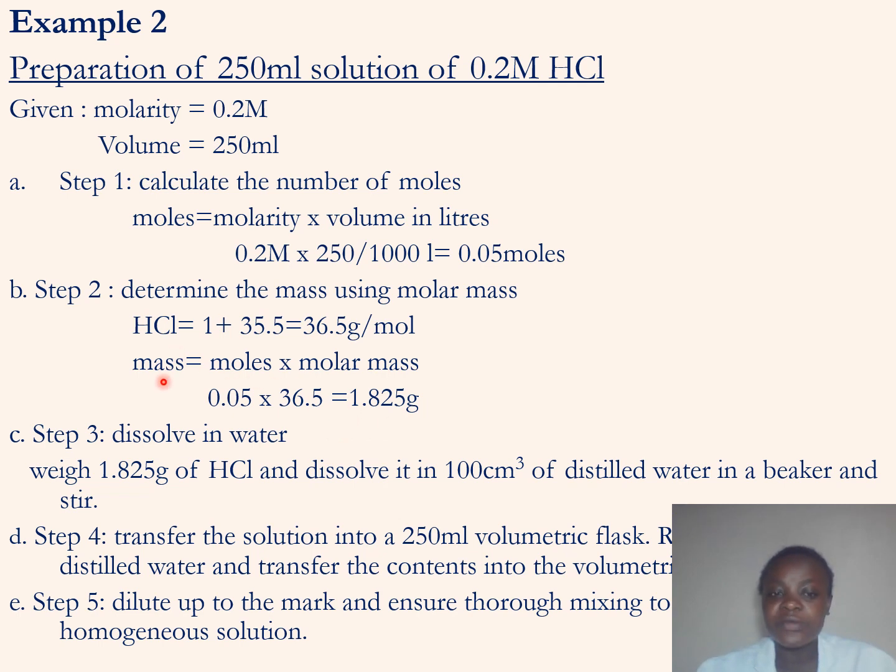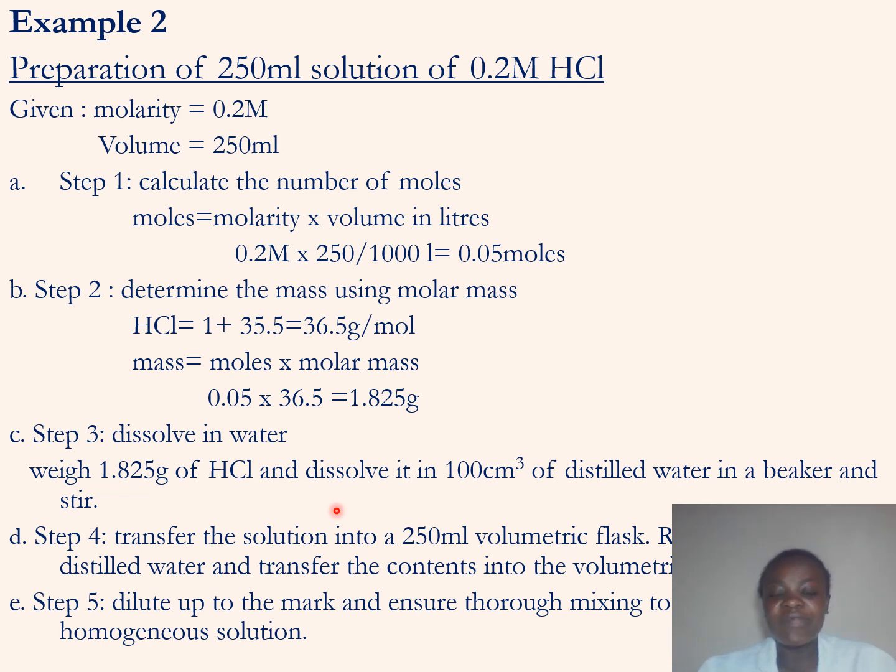So this is the mass we are going to dissolve to get our molar solution of hydrochloric acid. So step number 3 is to dissolve our mass in water. After weighing 1.825 grams of hydrochloric acid, we dissolve it in 100 centimeters cubed of distilled water in a beaker and stir.